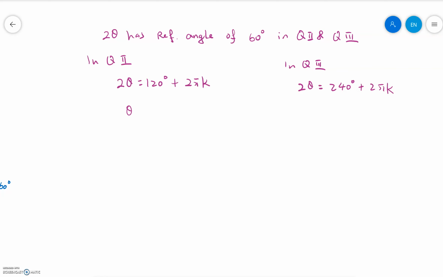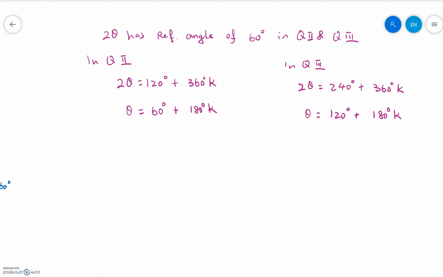Now theta will equal, divided by 2, 60 plus pi k. And in quadrant 3, theta will equal 120 plus pi k. I'm going to change the pi to 180 since everything is in degree form. So 360 times k divided by 2 gives us 180 times k.